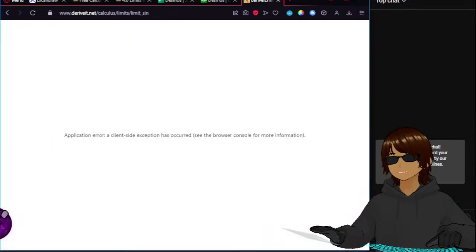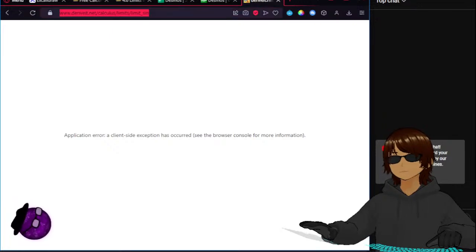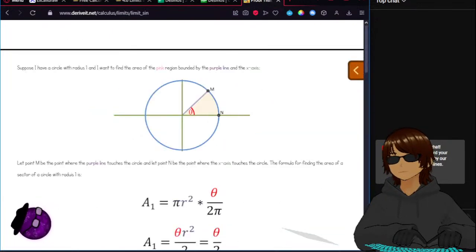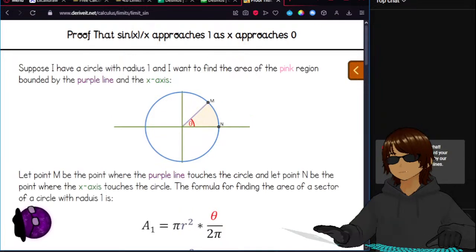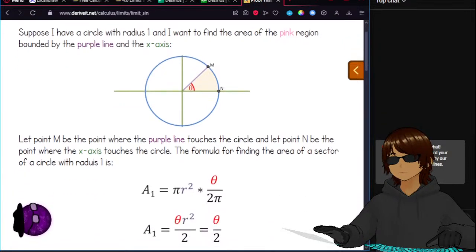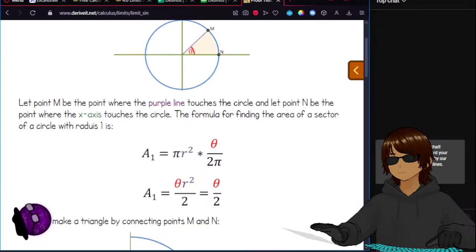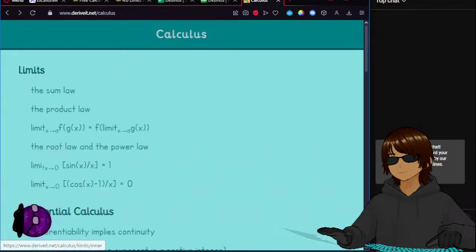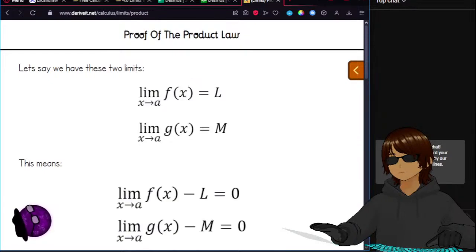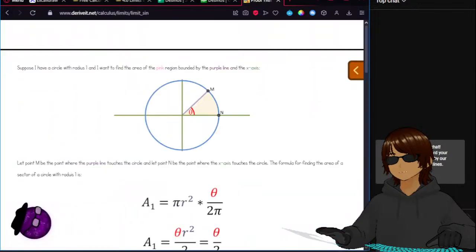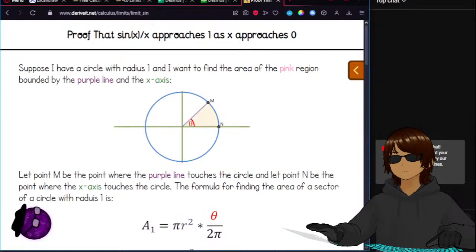It says here sine x over x is 1. Wait, why did it say that error? It said some client-side error. Okay, never mind. Prove that sine x over x approaches 1 as x approaches 0.